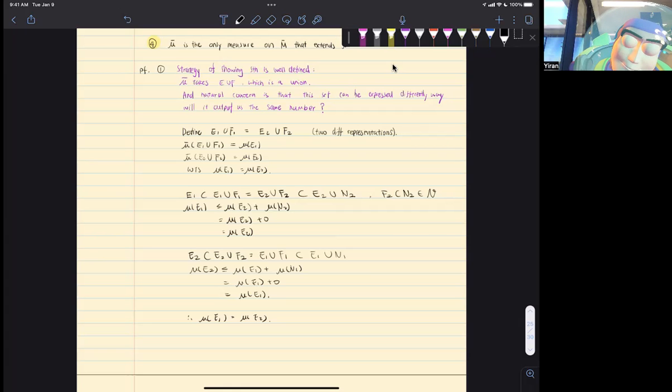Okay, so B is in E union F, which is inside of E union N, right?